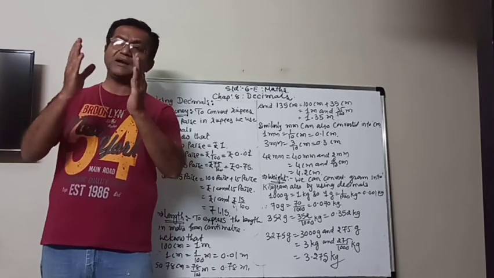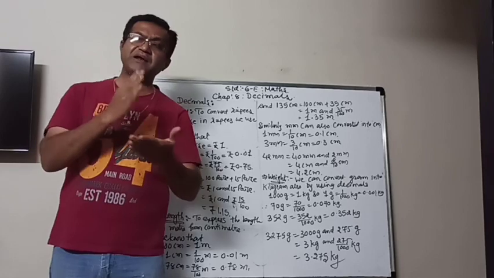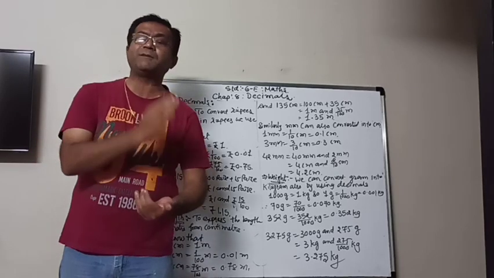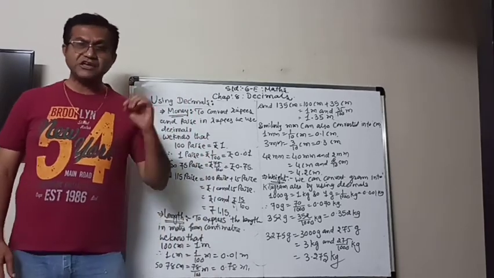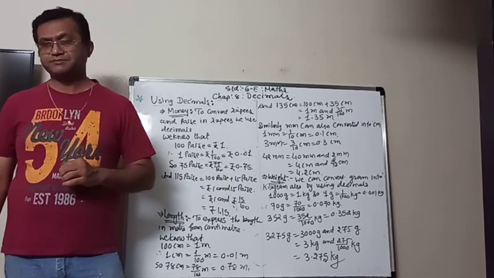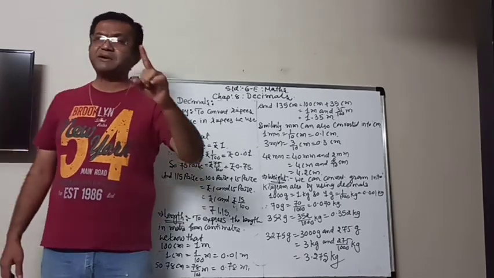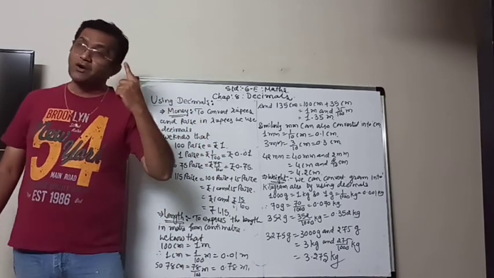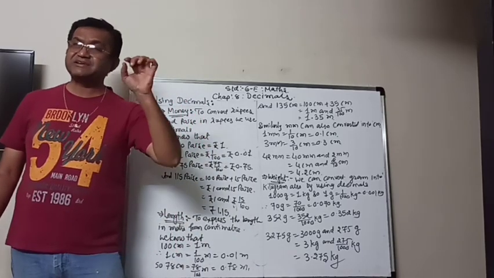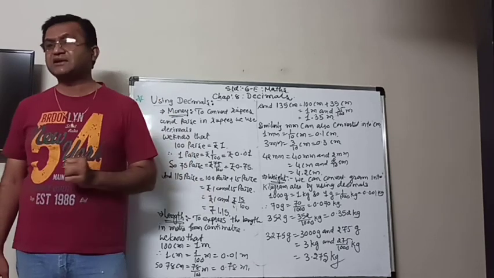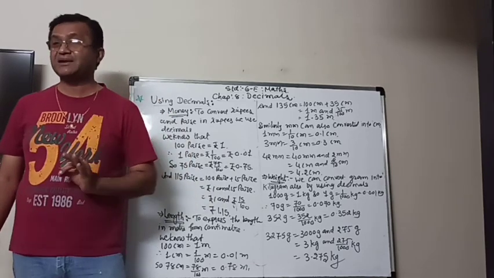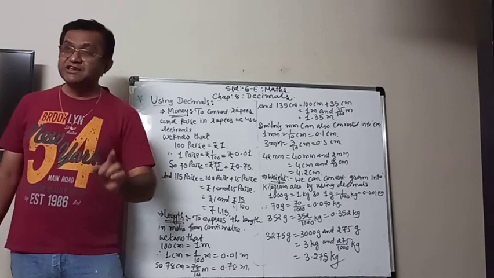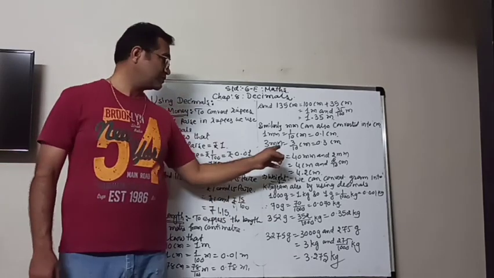We know that 1 centimeter is divided into 10 equal parts, and each part is known as a millimeter. So 10 millimeter makes 1 centimeter. So 1 millimeter is the 10th part of a centimeter, meaning 1 upon 10, and that is 0.1 centimeter.